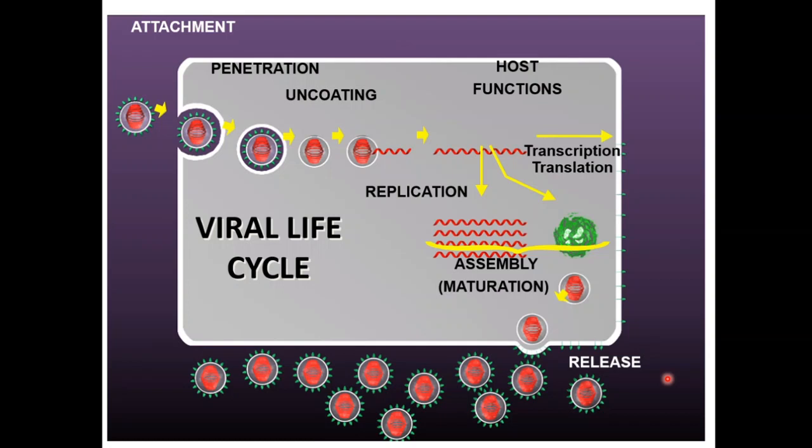replication, for the enveloped viruses. For lytic, this cell or the virus does not have the ability to bud or to get out. The membrane is not there to fuse with the membrane of cell.